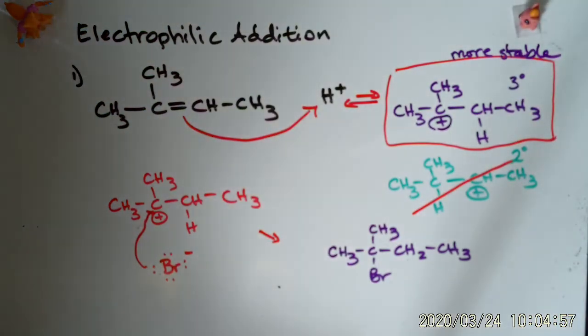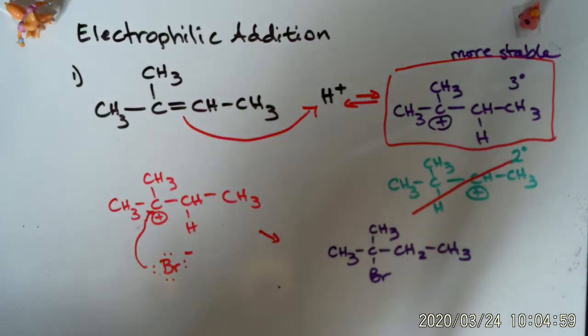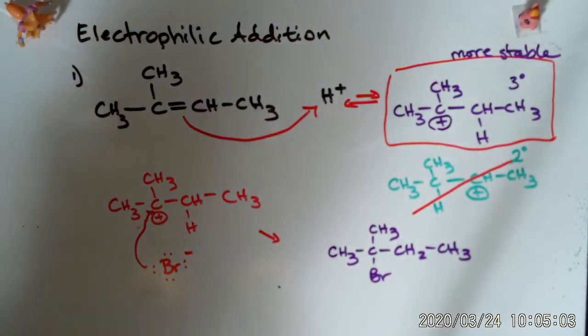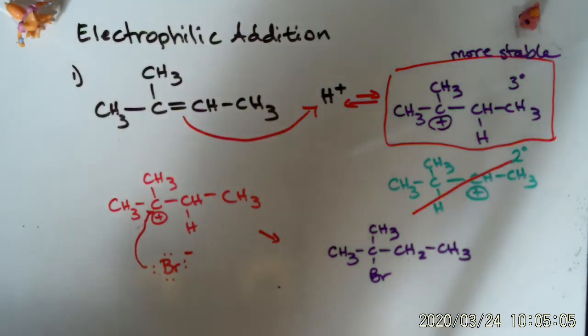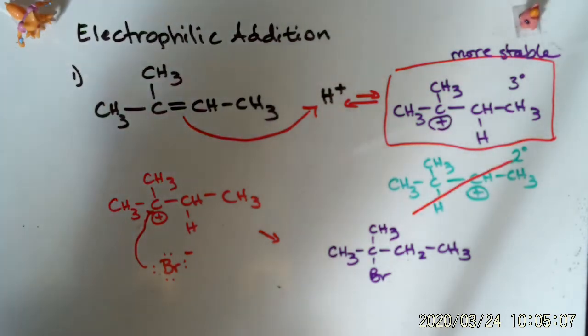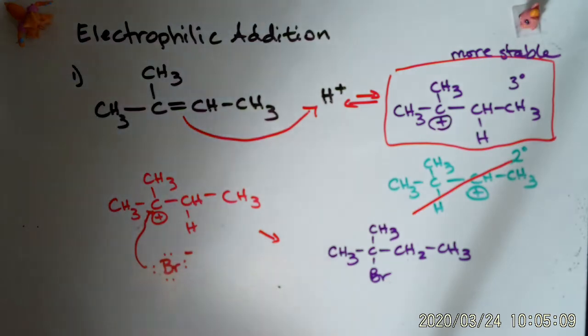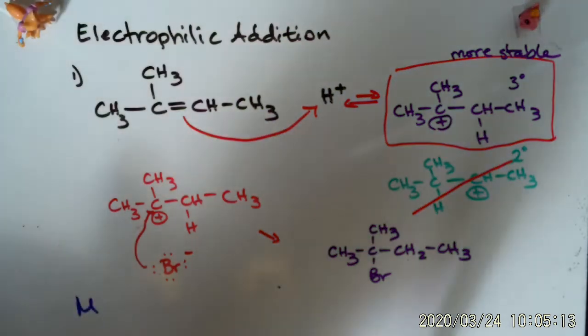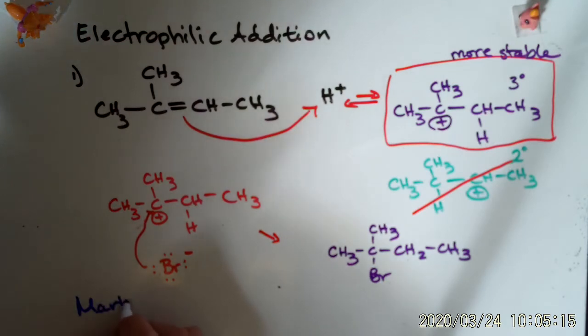Okay, that leads us to Markovnikov's rule. And I'll give you an extended aspect of Markovnikov's rule. So there's two ways we can talk about it. Markovnikov's rule goes like this.